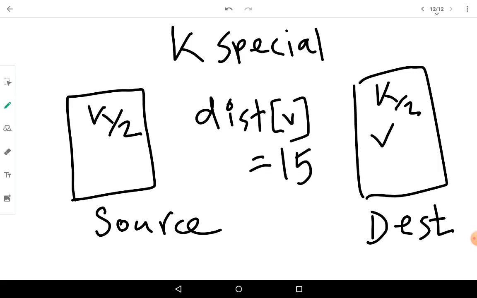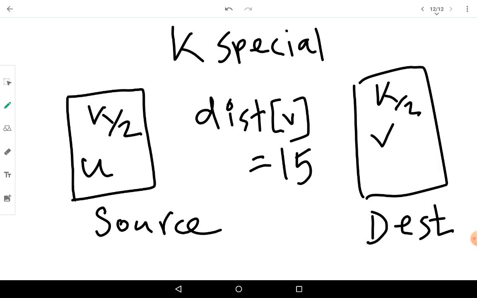This basically means that there is a node u in the source set from which we can reach v with 15 cost. Now let's assume that among all the k by 2 nodes in the destination set, v has the minimum distance. So 15 is the minimum distance.